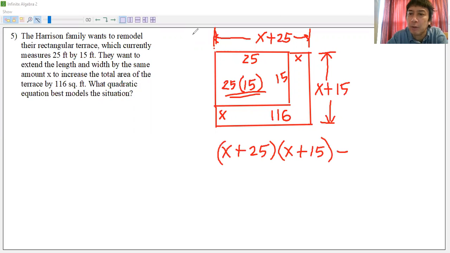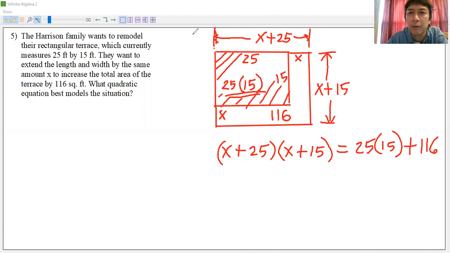This will be equal to the area 25 times 15, and then adding the 116, because this is the original area.